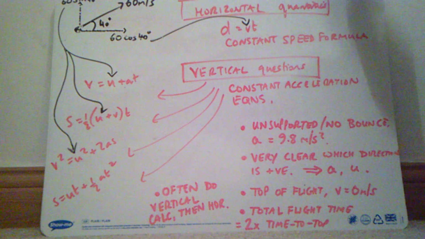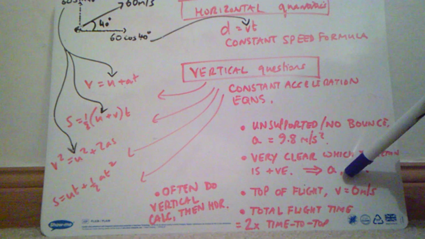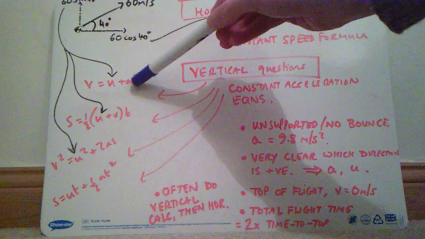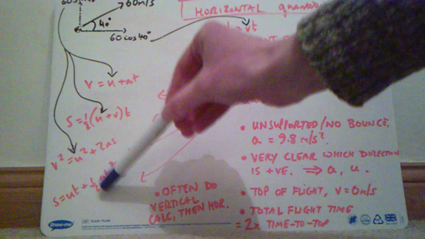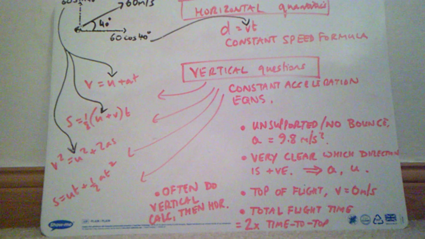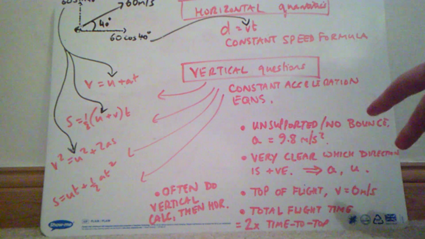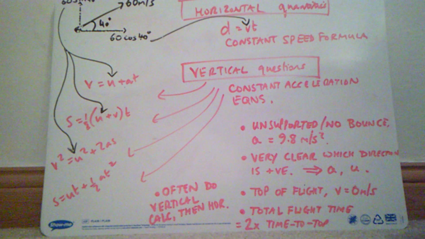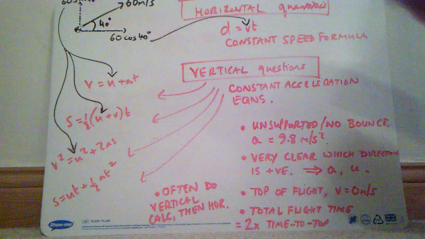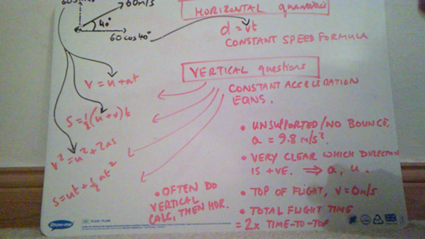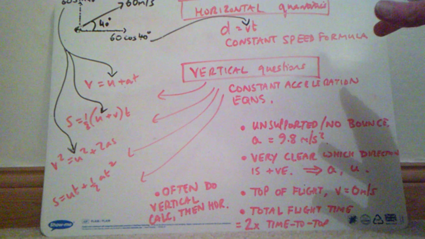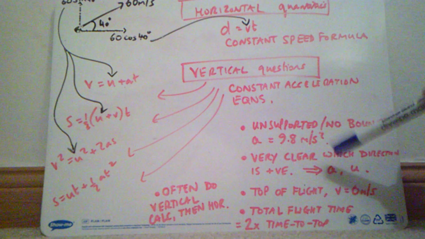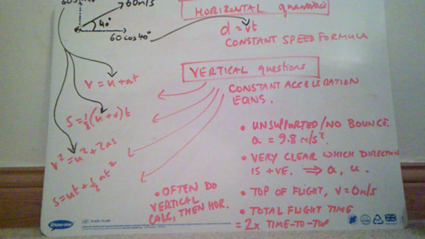But if upwards is a positive direction, then a is going to be negative 9.8, and you're going to have to remember to make a negative in your formulas. If you are dropping something, then it would probably make sense to say that downwards is the positive direction, in which case a in these situations would be positive 9.8. So don't just blindly say, well, a is always negative 9.8. It depends on which direction you're taking as positive.